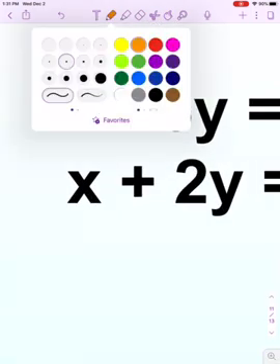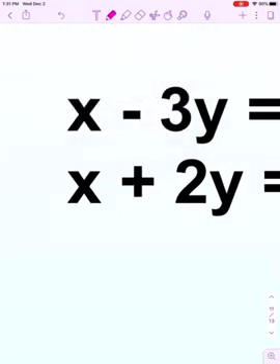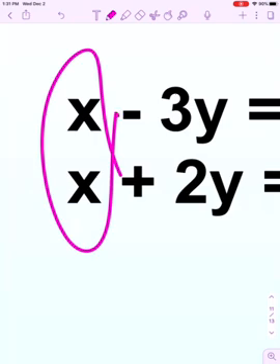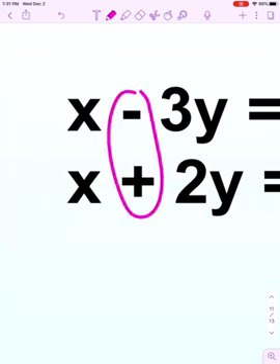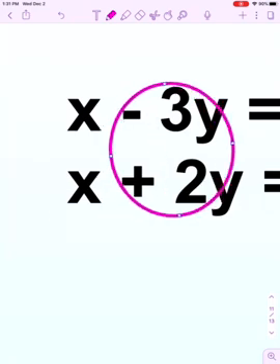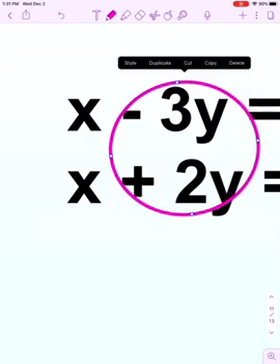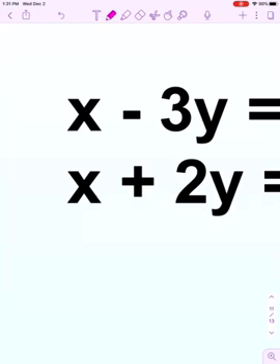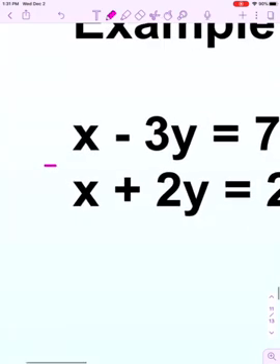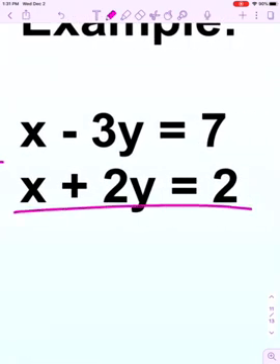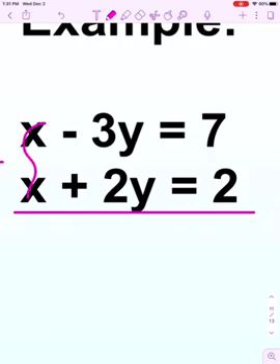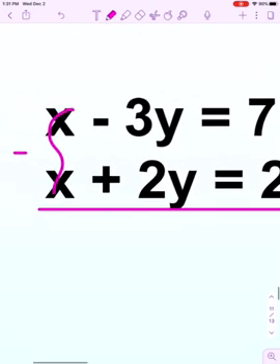We'll do one more subtraction. Just watch your signs. So the x's match. Now be careful because you see, here's one positive and one negative. But those go with the y's, and we need to eliminate the x's. The x's themselves are both positive, so we're going to subtract to get rid of them. x minus x cancels.